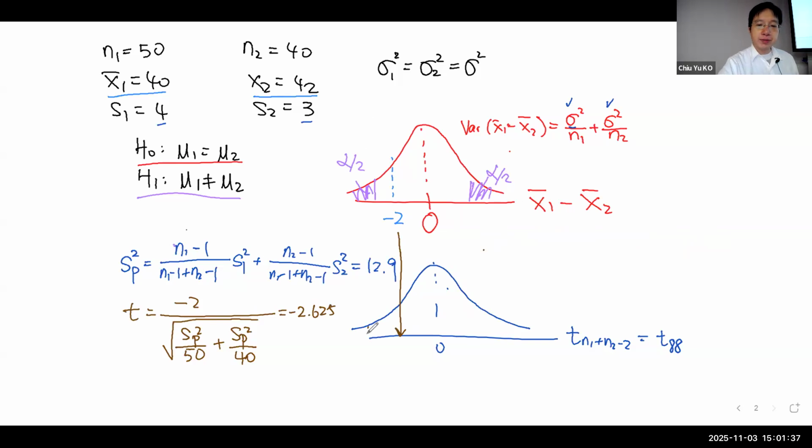So the question would be, this area times 2, okay? Is it less than 5%? So what's this area? You have negative 2.625. So with T, this negative 2.625, 88 degrees of freedom.